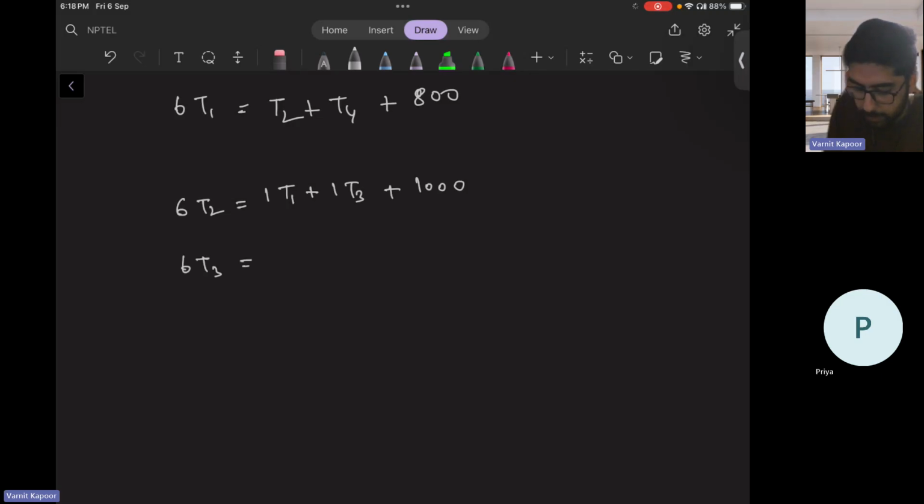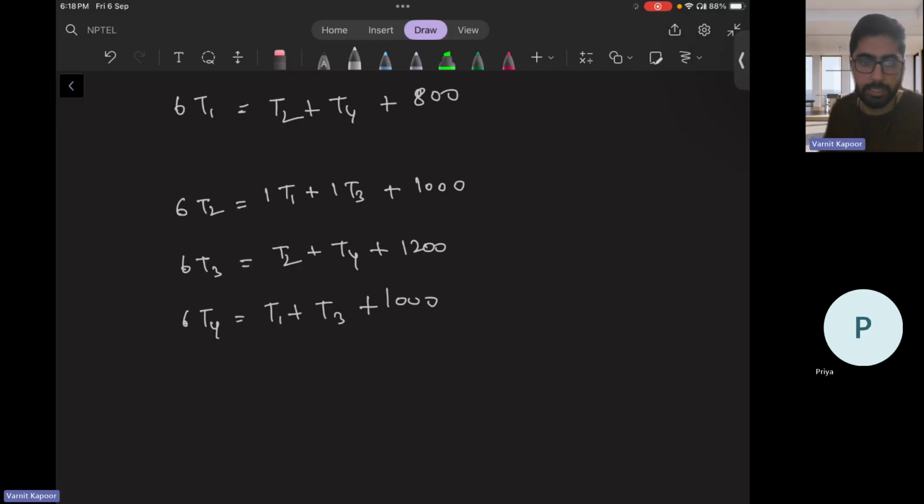Node 3 has 2 and 4 as the neighboring nodes. So T2 plus T4 plus the remaining temperatures with the coefficients, it will be 1200. And 6 T4, 4 has 1 as well as 3. So 1 T1 plus 3 plus. These are the 4 equations you have, right?